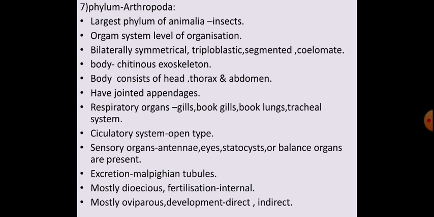They have organ system level of organization. The body is divided into organs. They are bilaterally symmetrical, the body is divided into two equal halves. Triploblastic, having outer ectoderm, inner endoderm, and middle layer mesoderm.